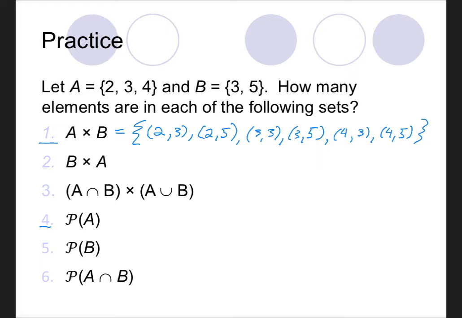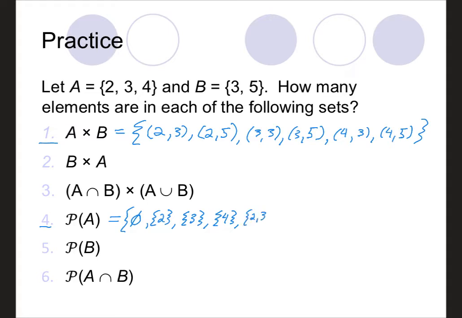So what's the power set? Well, you look at A, and you look at all possible subsets. And I like to do this in order, starting with no elements at all. So there's always the empty set. And then we have the single element sets like 2, we have 3, and we have 4. And then we have the 2 element subsets.